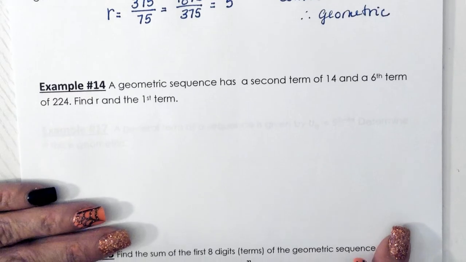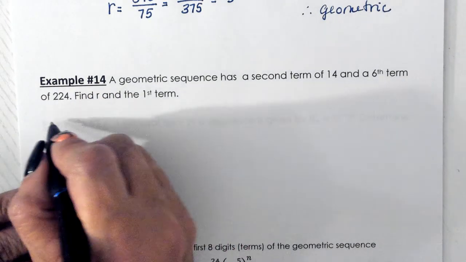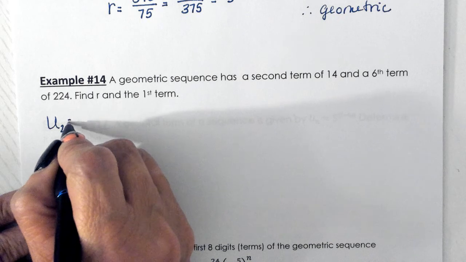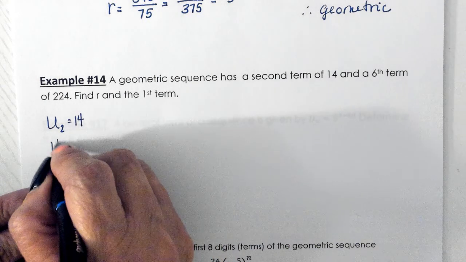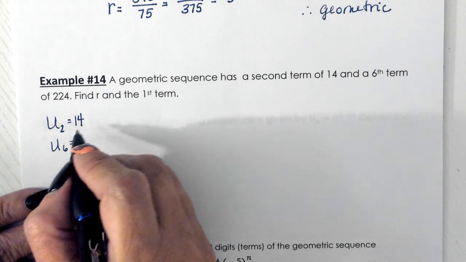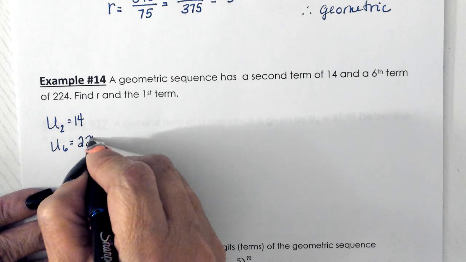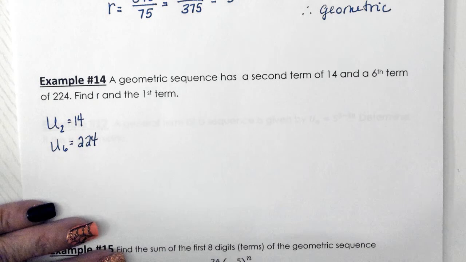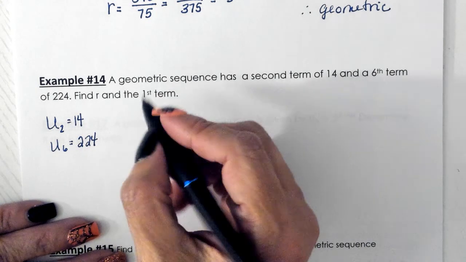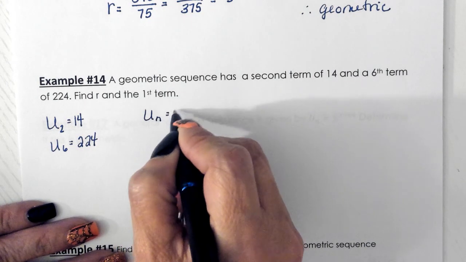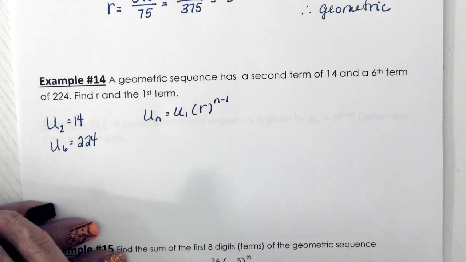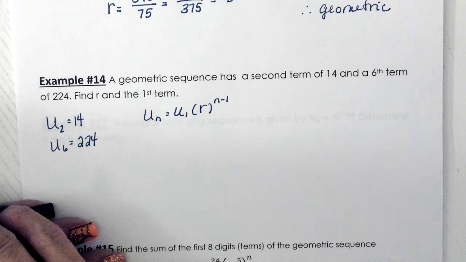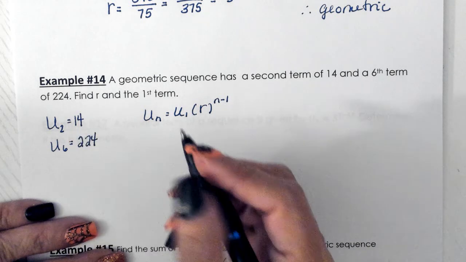A geometric sequence has a second term of 14 and a sixth term of 224. Find r and find the first term. All right, what do we know? We know u sub n equals u sub 1 times r to the n minus 1. We could use u2 to help us.